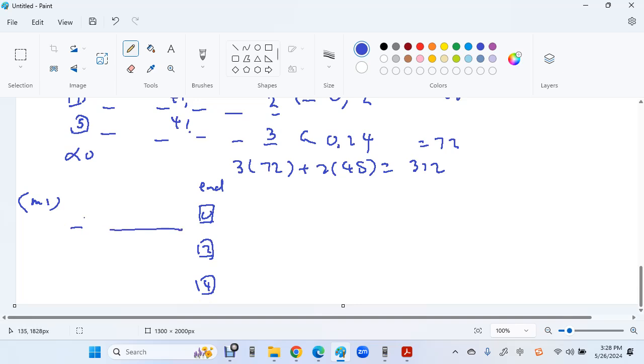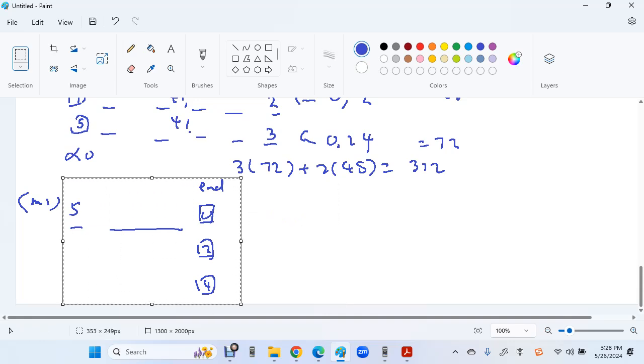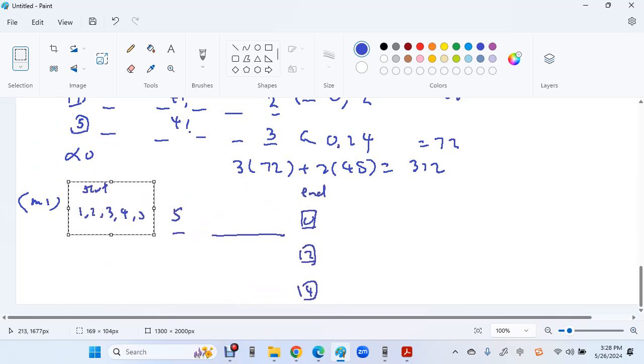So if we end with 0, then we have 5 possible, because we can start with 1, 2, 3, 4, 5. Then if we end with 2, we have 4 here, because we cannot start with 0 and 2.